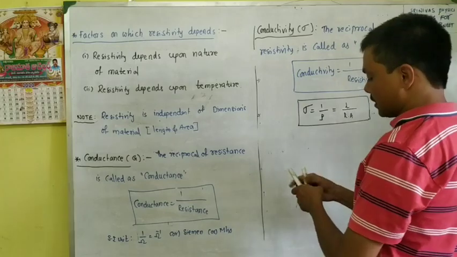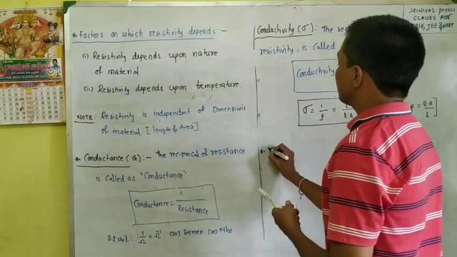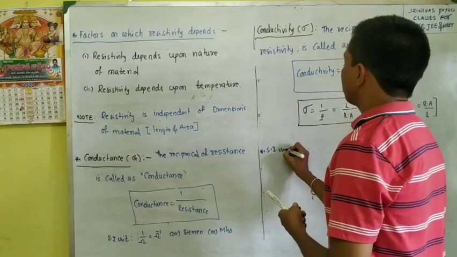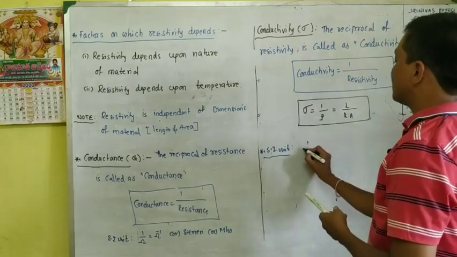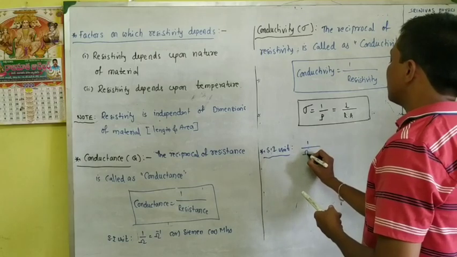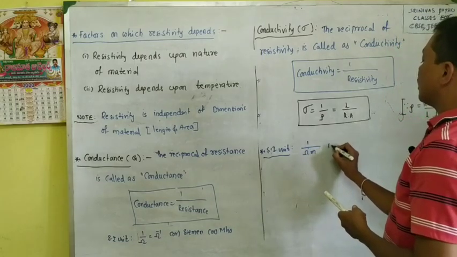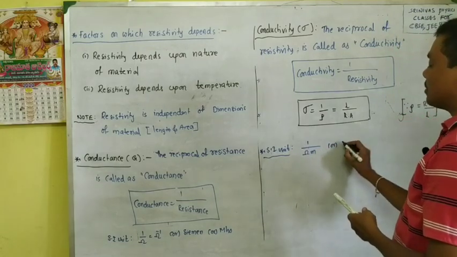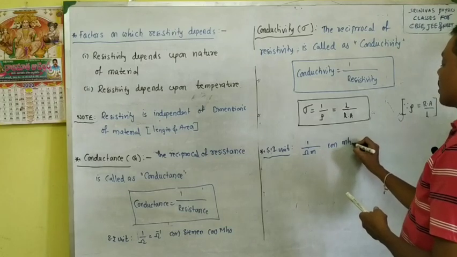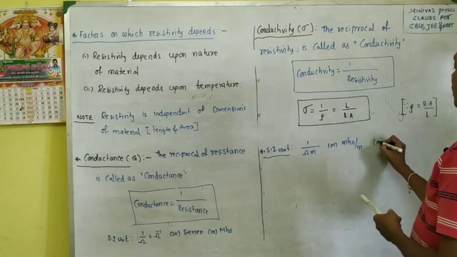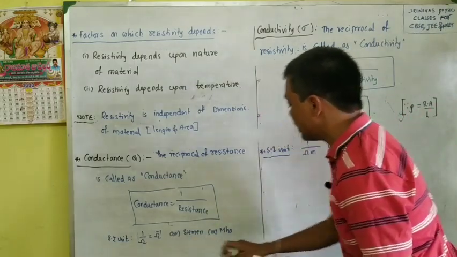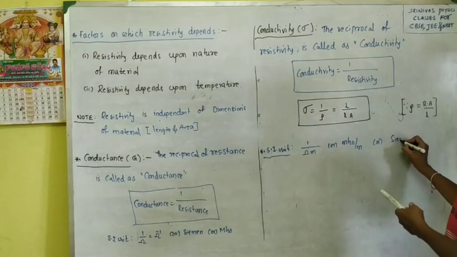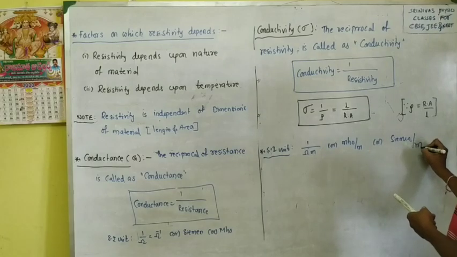What is the SI unit of conductivity? The SI unit of conductivity is 1 by resistivity, meaning 1 by ohm meter, or mho per meter, or Siemens per meter.